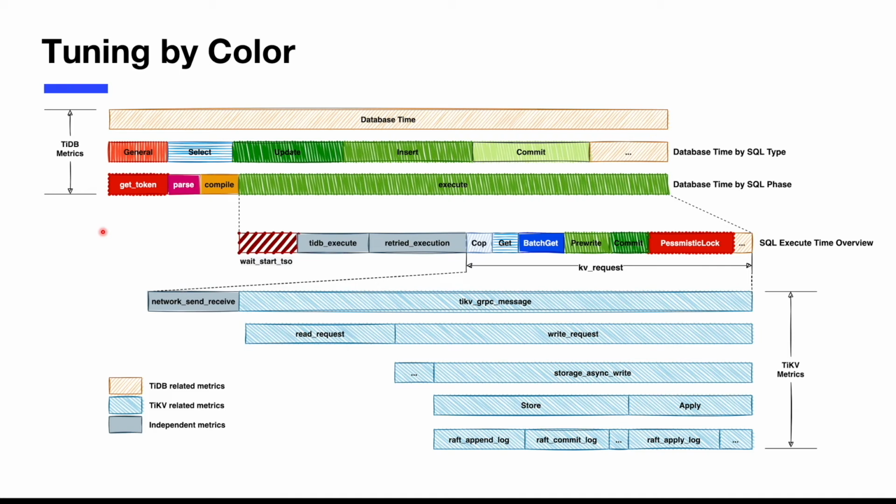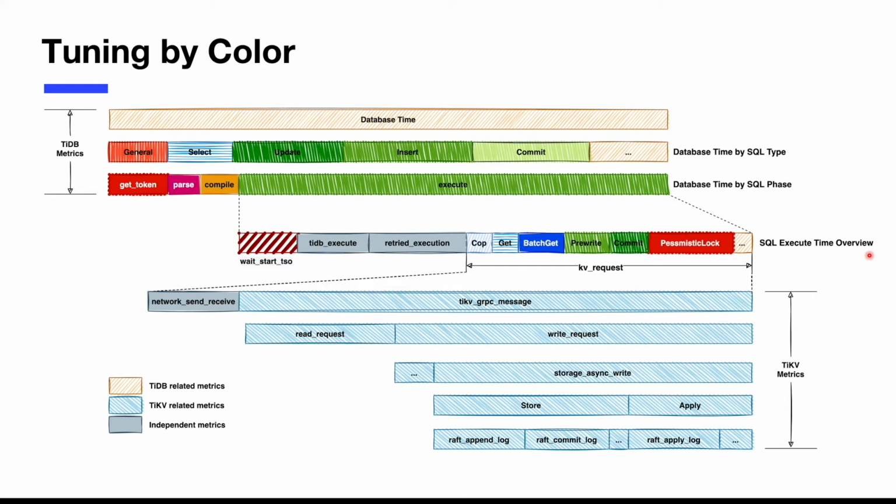Another methodology is tuning by color. Here, we apply this methodology in our Performance Overview dashboard. We create three charts at the top of this dashboard and use different colors to mark where the most time is spent in the system.